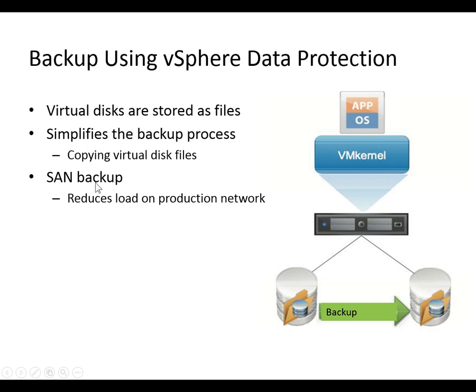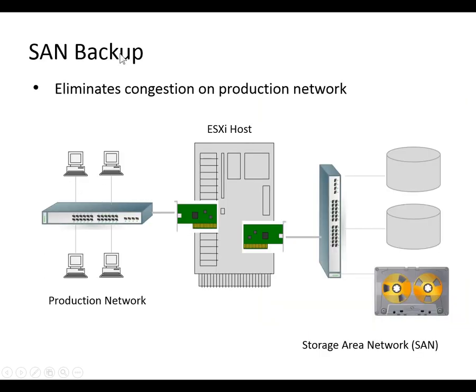And a SAN backup reduces the load on the production network. A SAN backup is where the backup goes from the disk to the tape backup, and that backup traffic stays on the storage area network, and it doesn't cause any congestion on the production network.